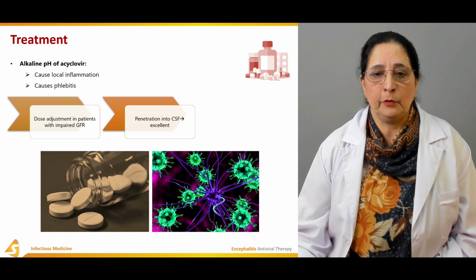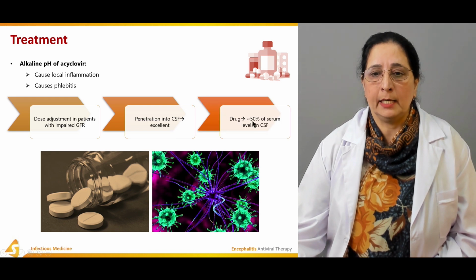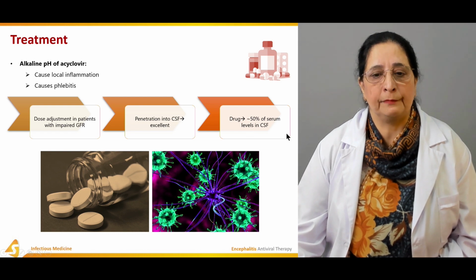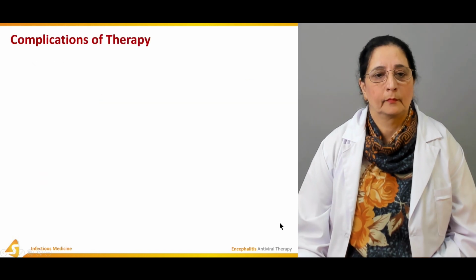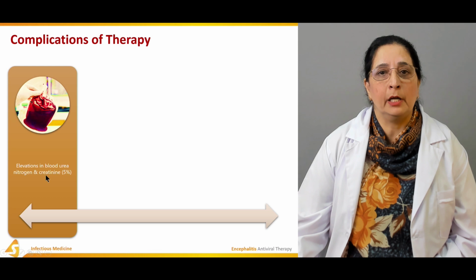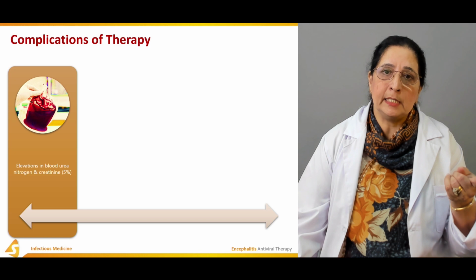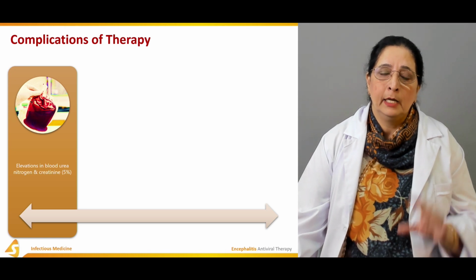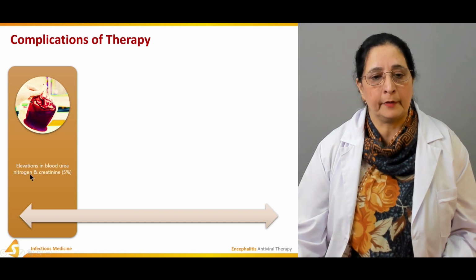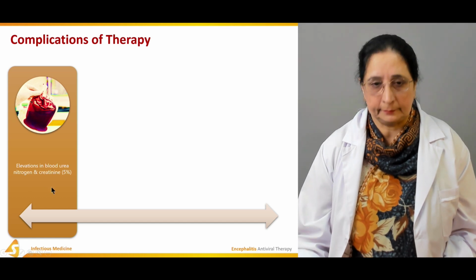Penetration into cerebrospinal fluid is excellent, and the drug level in cerebrospinal fluid is 50% of the serum level. Complications of the therapy: we have elevation in blood urea nitrogen and creatinine. That's why dose adjustment is required in patients who have decreased glomerular filtration rate, because it causes elevation in blood urea nitrogen and creatinine.